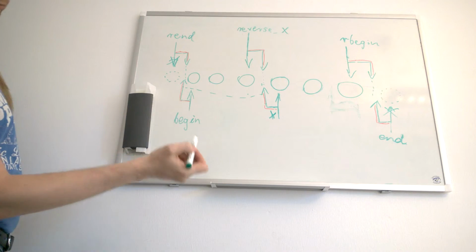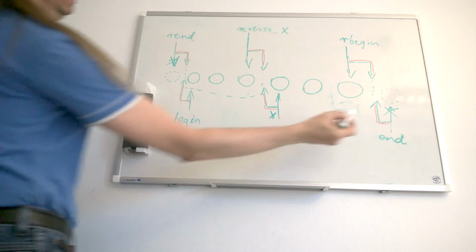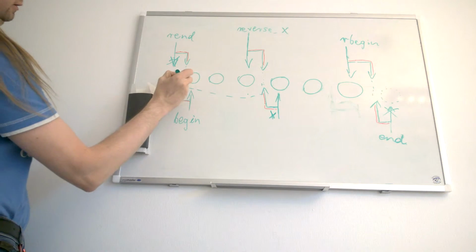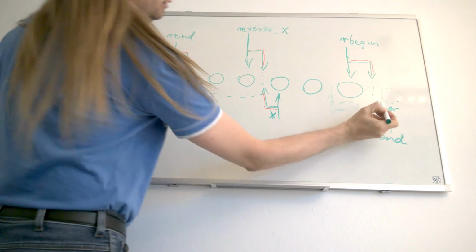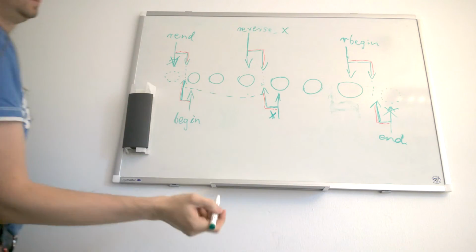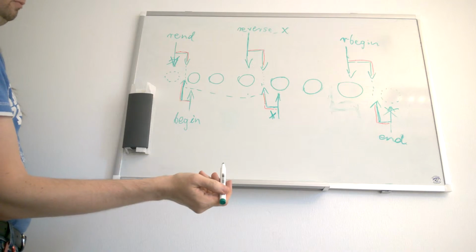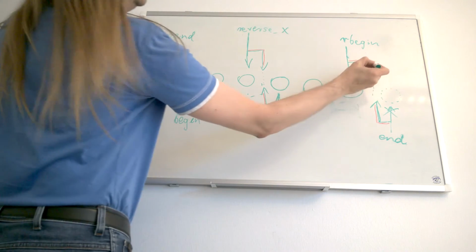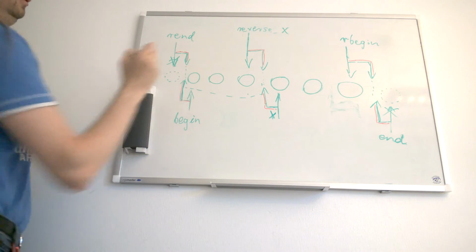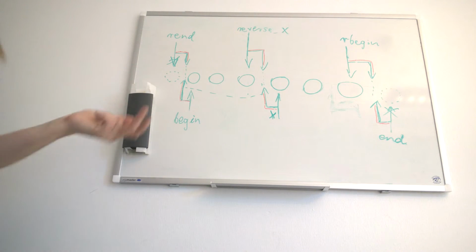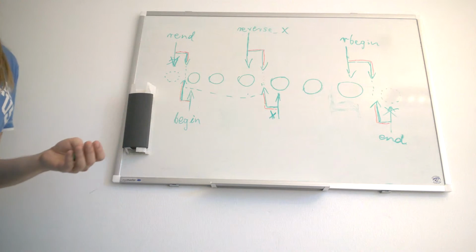This is because, as you can see, the range from begin to end is still from here to here. If we take the range from rBegin to rEnd, this is still from here to here. In both cases, we have the range of the whole container.